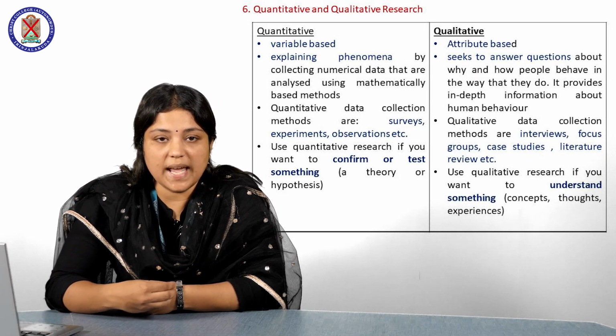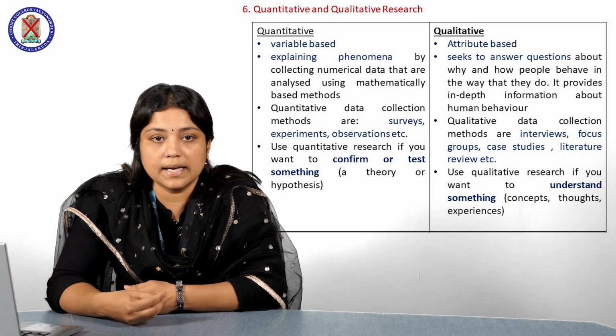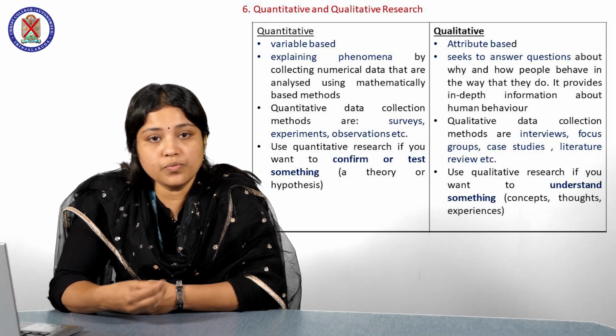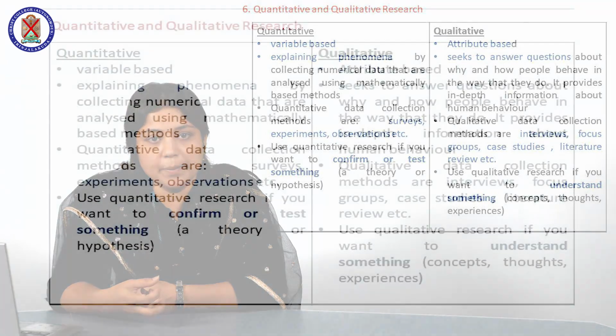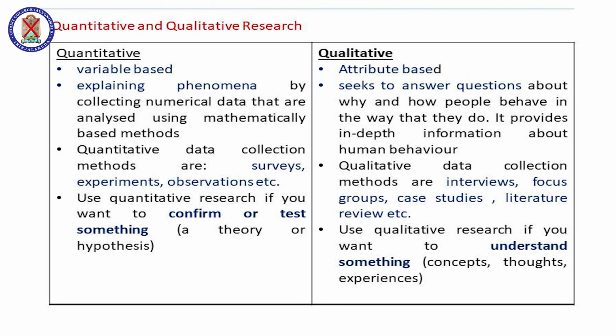It is based on explaining a particular phenomenon by collecting data, and is always used for testing a particular theory or hypothesis. It collects numerical data that are analyzed using mathematically based methods. The collection methods are surveys, experiments, observation, etc. In quantitative research we are confirming a particular theory or testing a particular hypothesis.